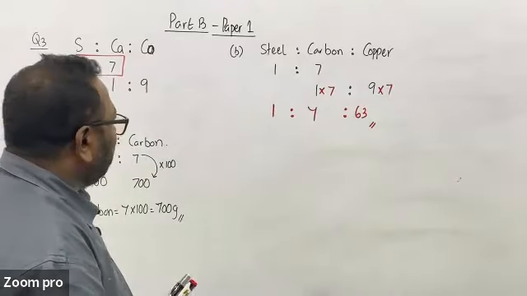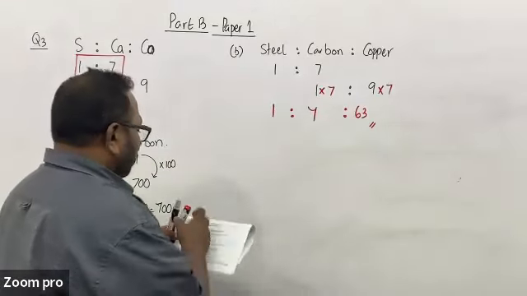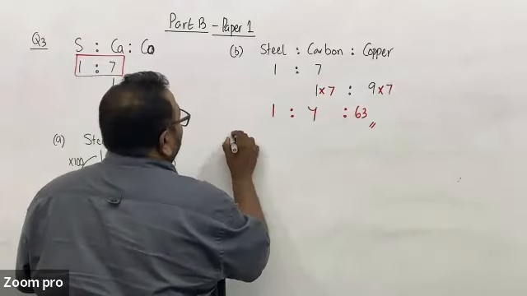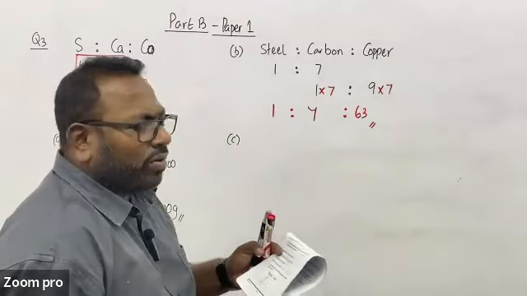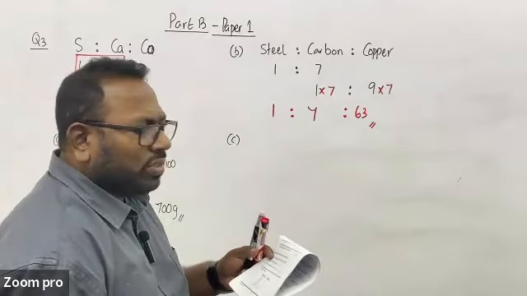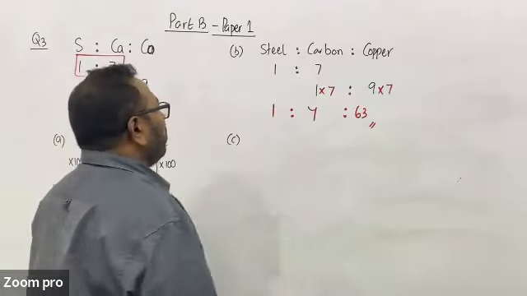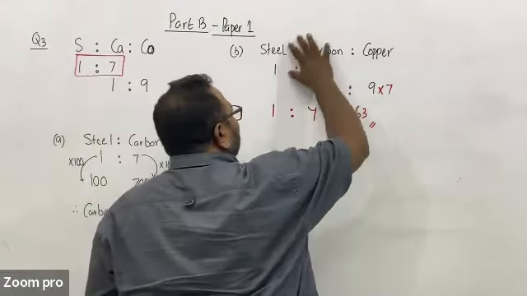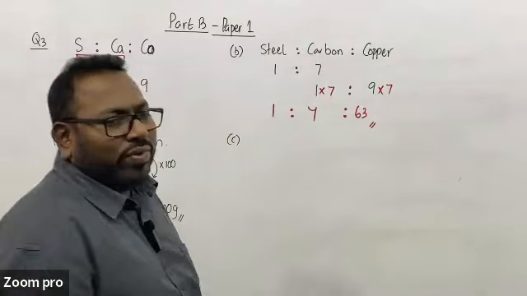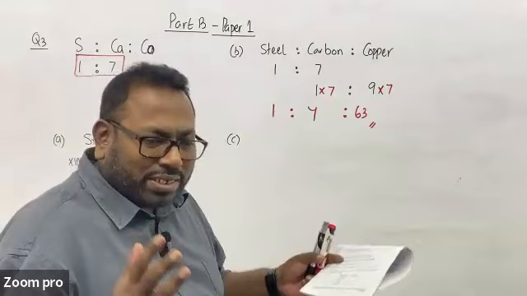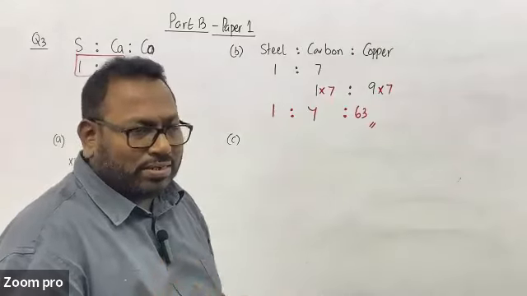Right? Good. Now the question for C. What are they saying? They are saying find the amount of carbon in 7,100 grams of alloy. So they are asking you how much carbon is there in 7,100 grams of this mixture of these three metals.